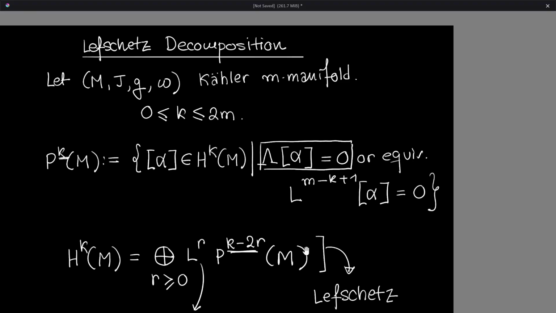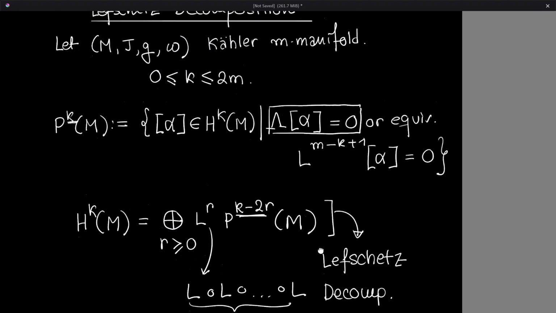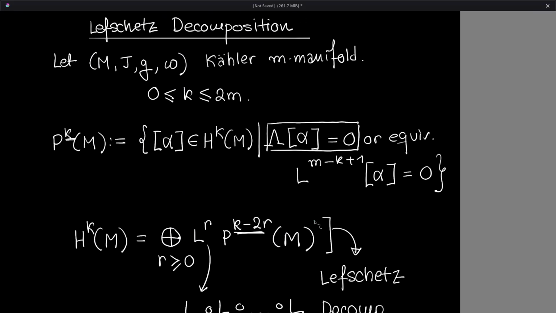And so this is a cohomology class that cannot be produced by the action of wedging with omega, the Kähler form, any number of times from the lower cohomology classes. Any attempt to do that will result in 0.